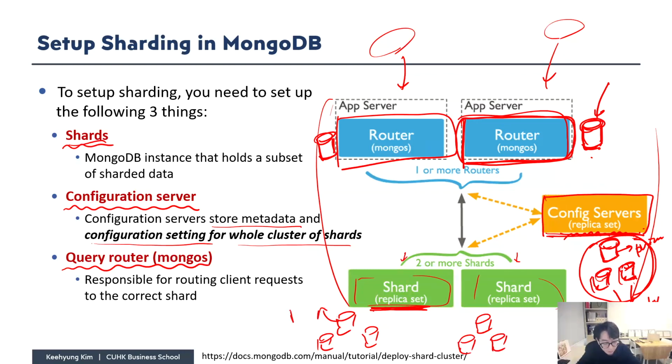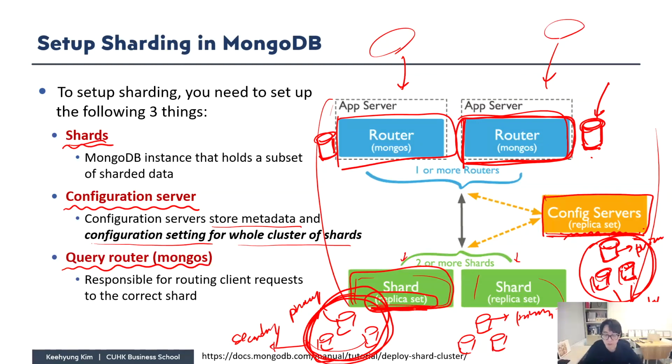Again, one will be primary, here too one will be primary, and the other two will be secondary. We call this set of a primary and multiple secondaries one replica set, which is used as a shard.